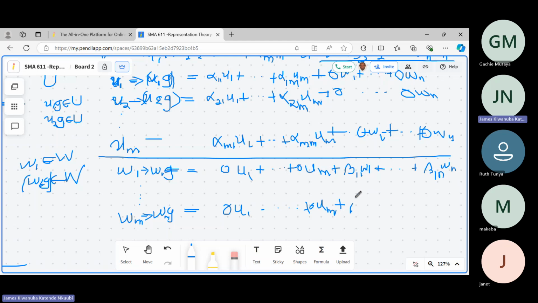And here you'll have beta N1 W1 up to beta NN Wn. The last one was Wn, not M, I think it's N.